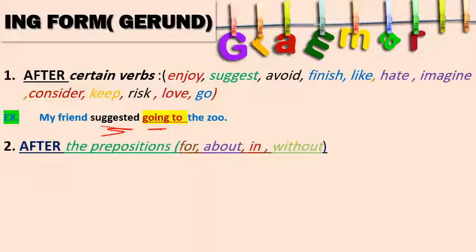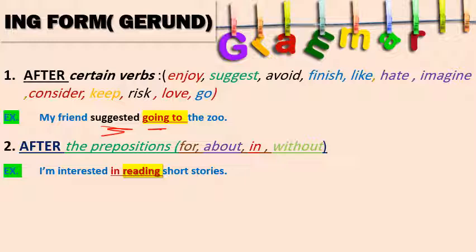We also use gerund after all prepositions like for, about, in, without. For example, I am interested in reading. The preposition in is followed by the verb read, and we add ing to the verb read, reading.